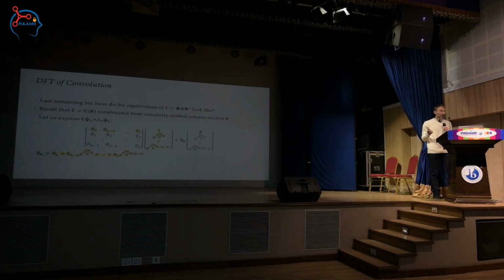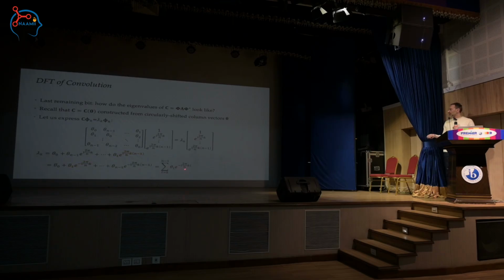Now I remind you that all my arithmetic is modulo n, so I can change this element k n minus 1 to k. I just add some number and everything is modulo n. So I rewrite these terms without changing anything, rearranging them in this way.